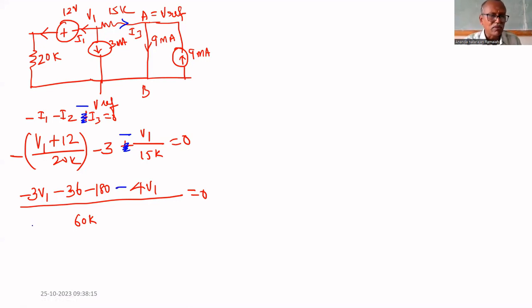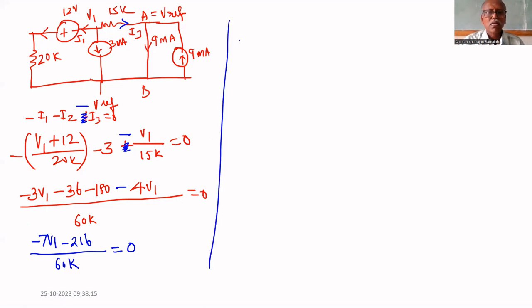So 7V1 equal to minus 7V1. Here 216 divided by 60K equal to 0, or 7V1 equal to 216, minus 7V1 equal to 216.